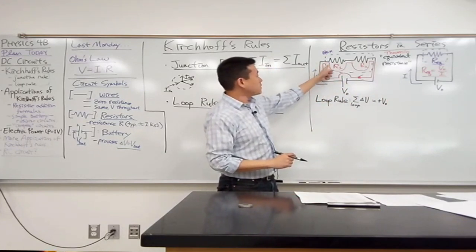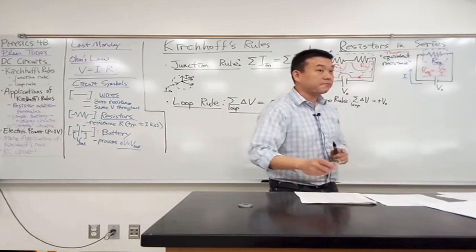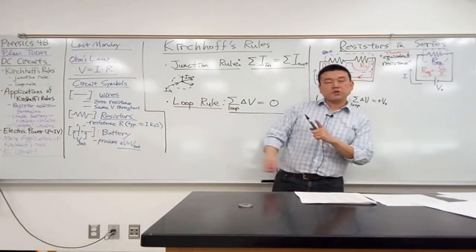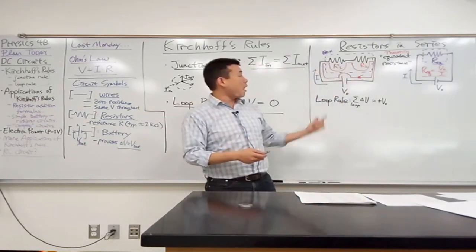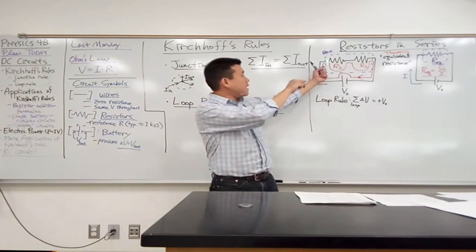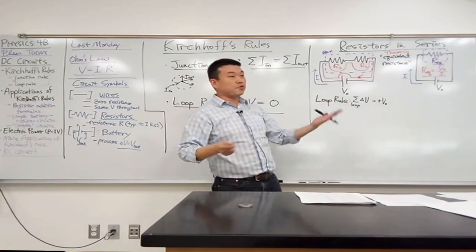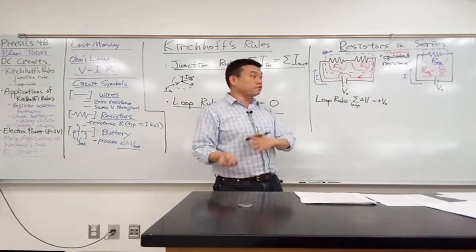Now, as I go across this resistor, I know it's going to be given by Ohm's law, but the question I'm asking is, is it up or down? Down. The voltage will drop as you go over a resistor, because the charges lose energy.